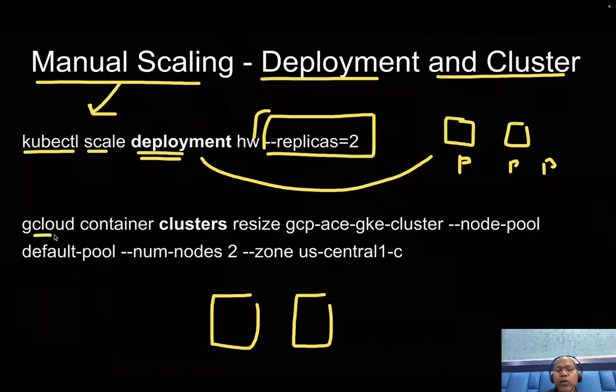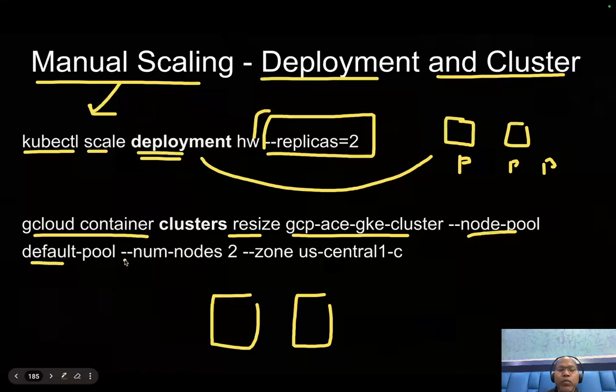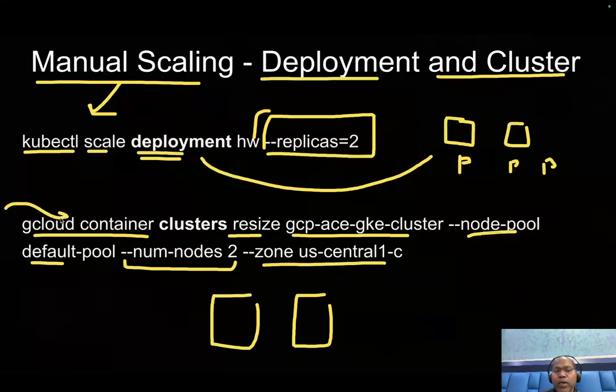You can use the gcloud container clusters resize command with your cluster name and the node pool, just the default pool, the number of nodes you want, and the zone in which this cluster is running. So you have an option: if you want to scale your cluster, you can use the gcloud container command. If you want to scale your pods, you can use scale deployment.